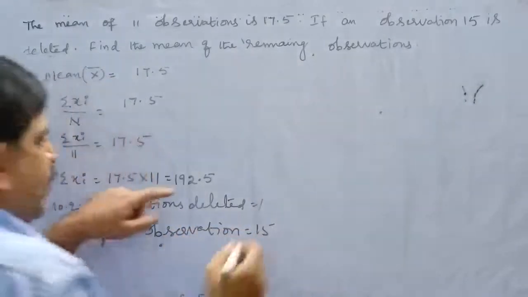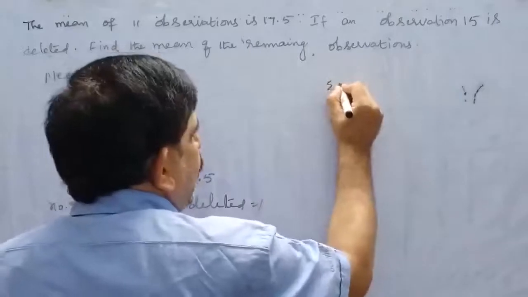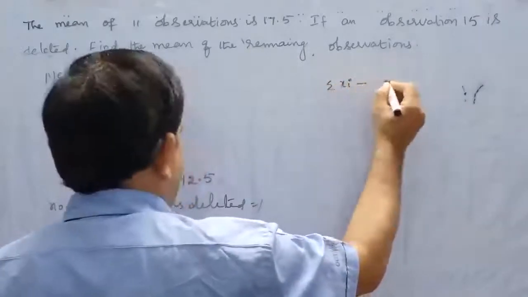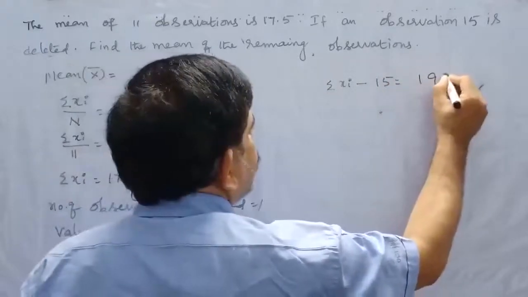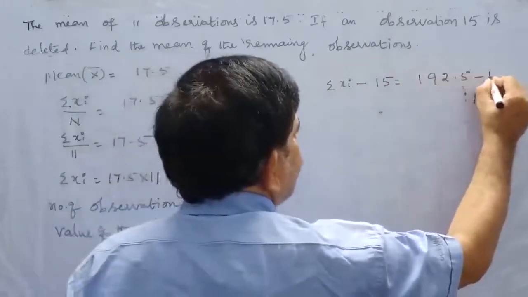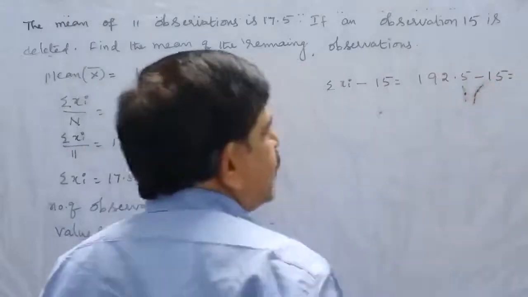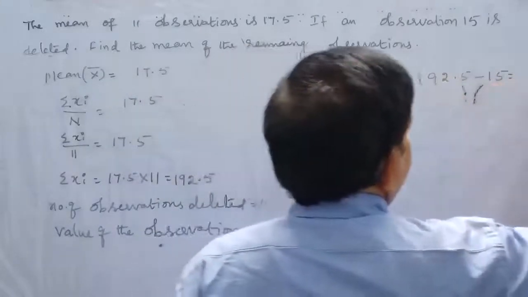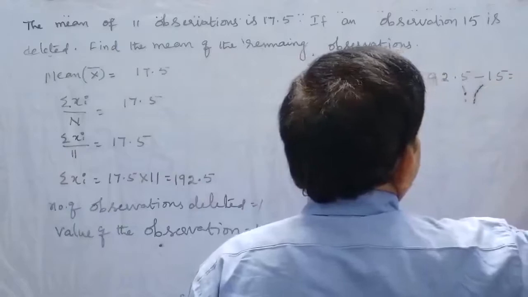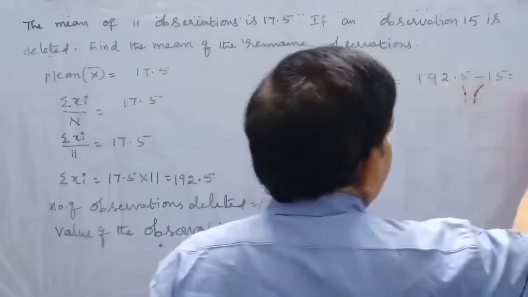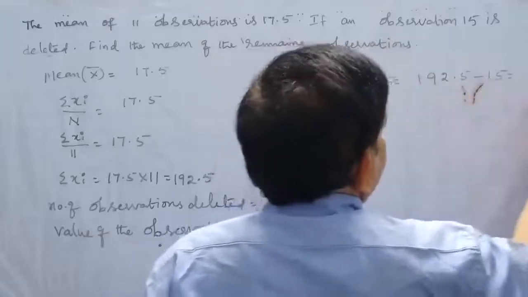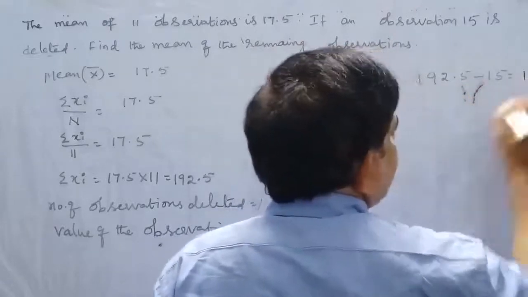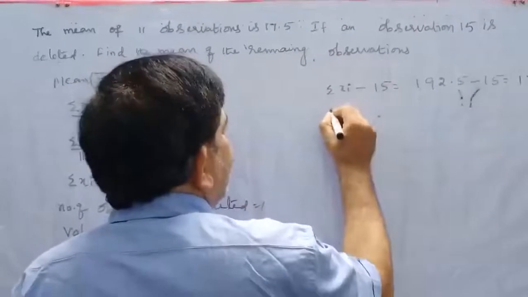So sigma xi minus 15 is equal to 192.5 minus 15. 12 minus 5, 7. 8 minus 1, 7. So that is 177.5.